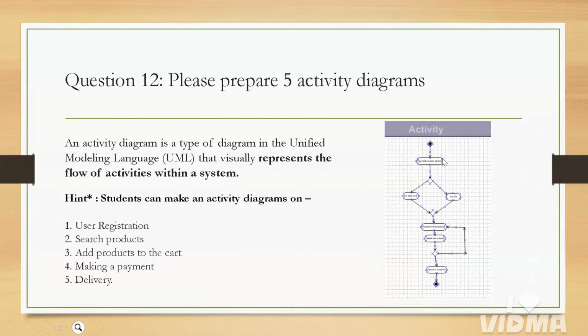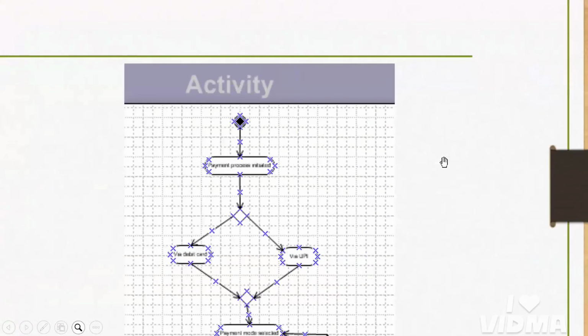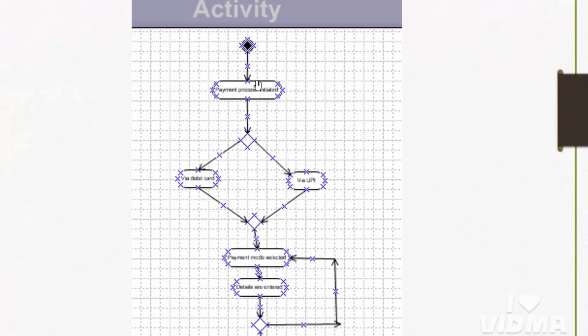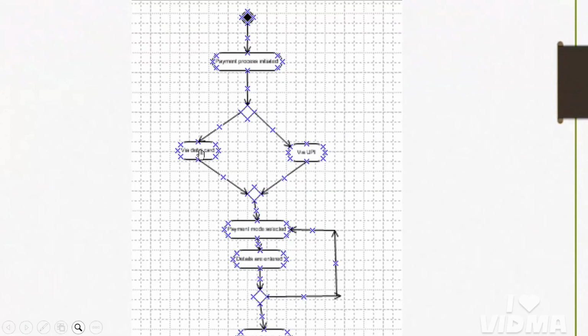If you observe here, this is how the diagrams look if we use the MS Visio tool. When you design the activity diagram, the first one is the initial node, and this one we call an activity. Here this is a payment process.